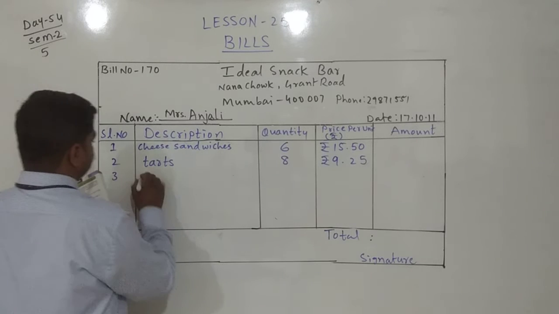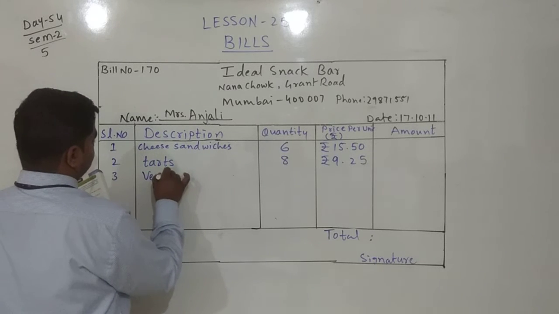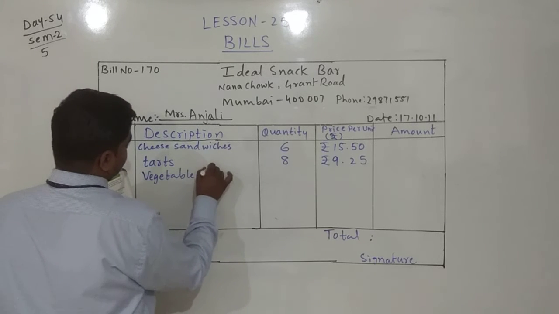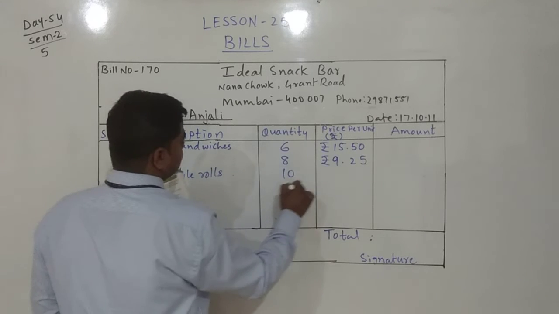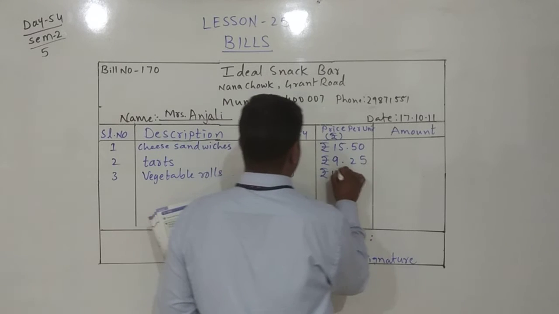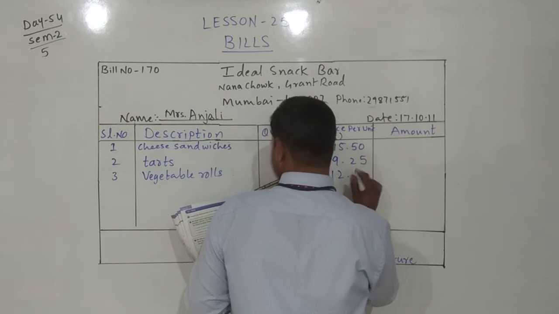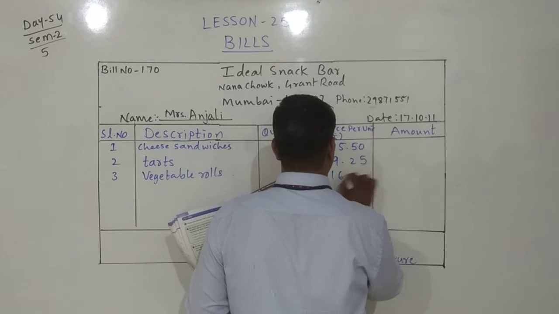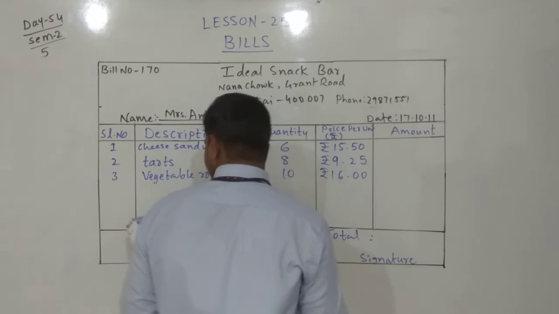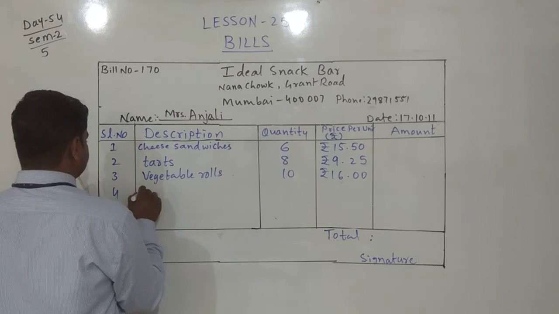You write here vegetable rolls 10. Each cost is 12.16 rupees. After this, 12 samosas.